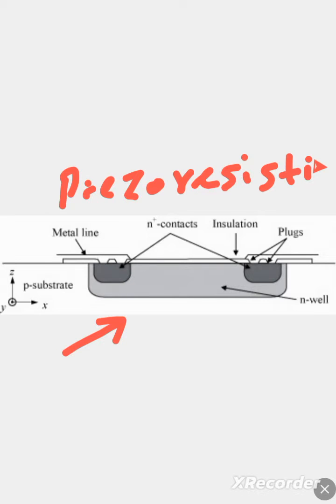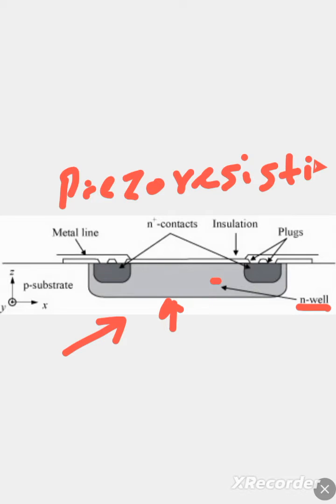So if you have a p substrate, you have an n well as shown in this figure right here, or if you have an n substrate, then you can have a p well. This n well is a typical n-type semiconductor resistor which will exhibit a piezoresistive effect when there is a mechanical strain it will experience due to, let's say, applied pressure or applied mechanical load.